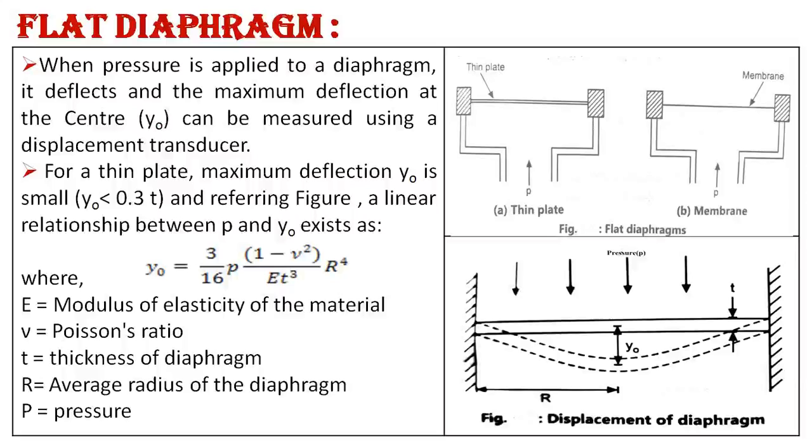A linear relationship between pressure and deflection exists as Y0 = (3/16) P (1 − V²)/(E T³) × R⁴, where E is the modulus of elasticity of the material, V is the Poisson ratio, T is the thickness of the diaphragm, R is the average radius of the diaphragm, and P is the applied pressure on the thin plate or membrane.